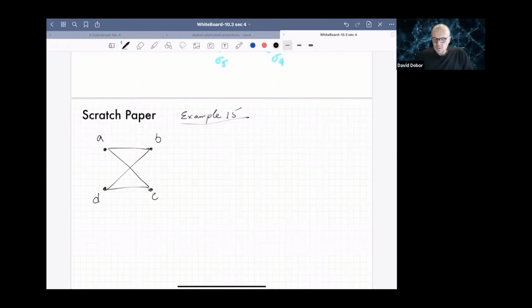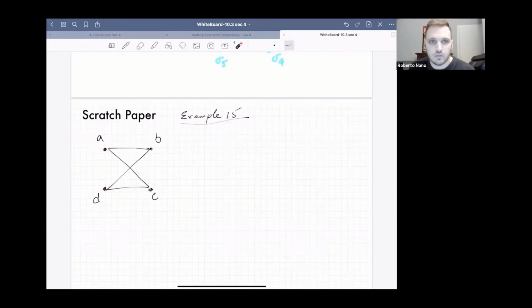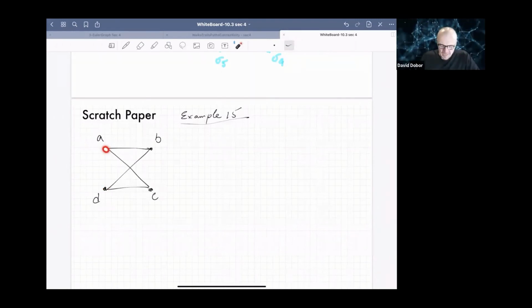Let me ask you first, how many paths of length 2 are there from A to D? Here's A, here's D. What I mean by the length of a path, if that's not clear, you should stop me and ask: the number of edges on the path. So I start at A and I end at D. First of all, there's no path of length 1, since a path of length 1 is always just one edge.